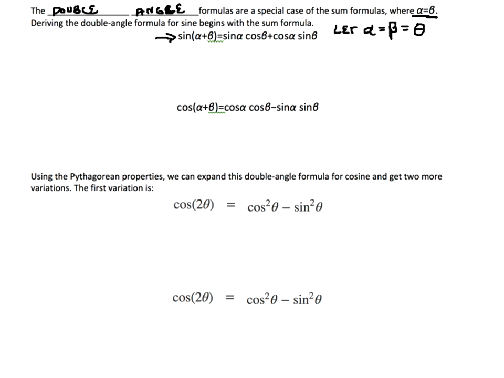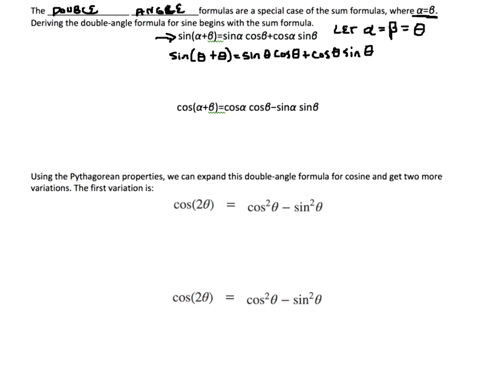We're giving them a common name since we're setting up the premise that they are the same angle. So we have the sine of theta plus theta, and then we change our angles on the other side to thetas: sine theta cosine theta plus cosine theta sine theta.